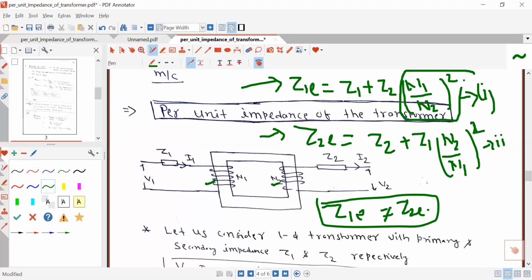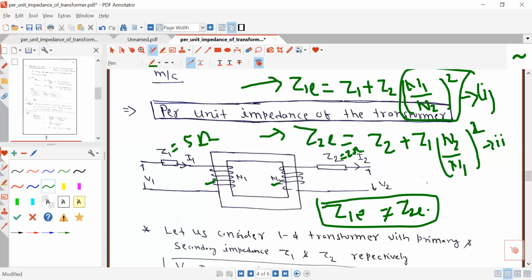Without this knowledge, you cannot calculate total impedance of the transformer, either referred to the primary side or referred to the secondary side. For example, primary impedance is 5 ohm and secondary impedance is 2 ohm, and I ask you to calculate the total impedance of the transformer referred to the primary.